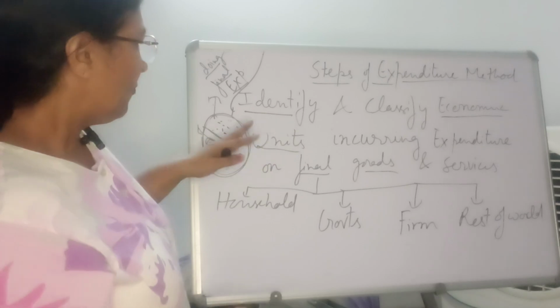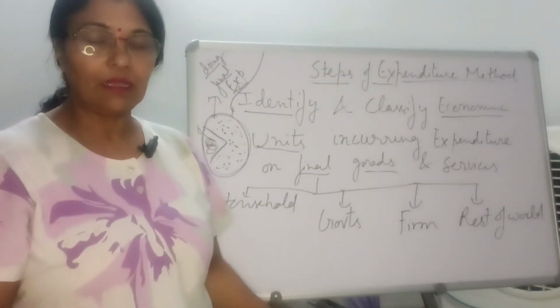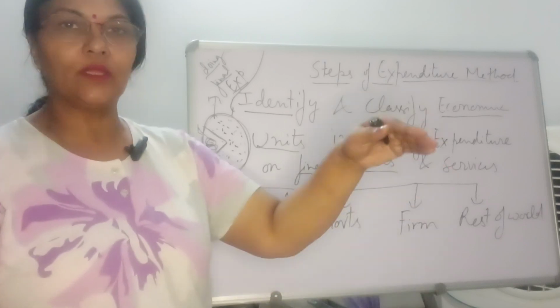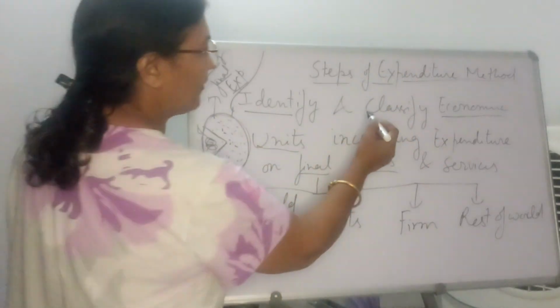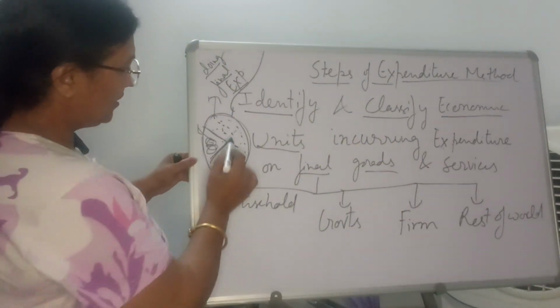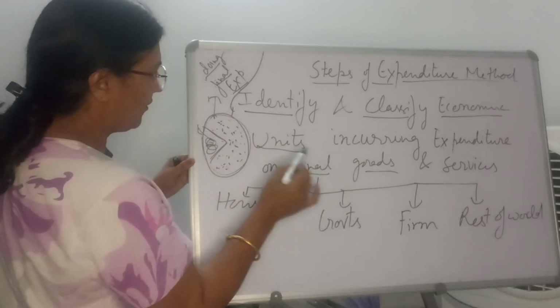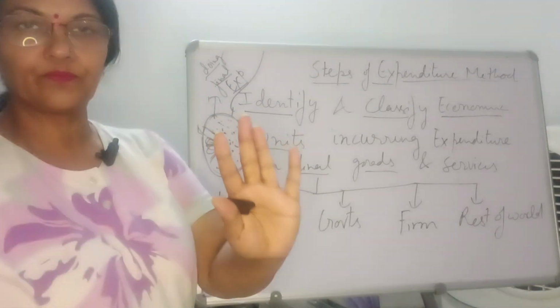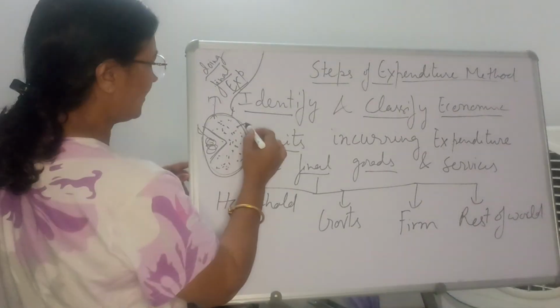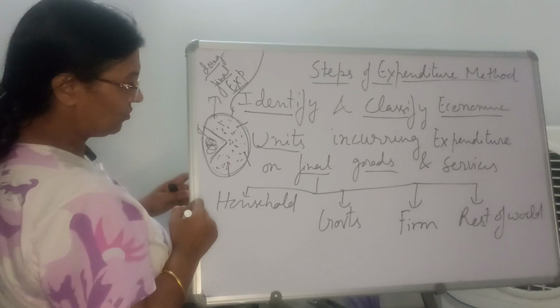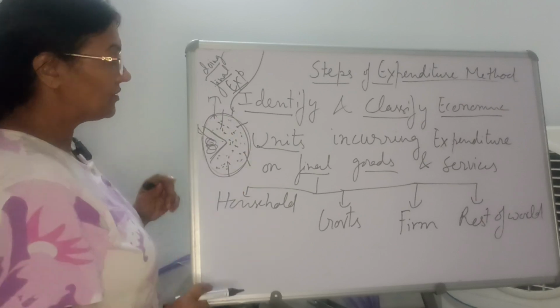So first step, we have to identify in the nation all the economic units who are doing the expenditure on final goods. Then we have to classify all these economic units into 4 sectors, right? This belongs to household, this belongs to government, this belongs to firm, this belongs to rest of the world.